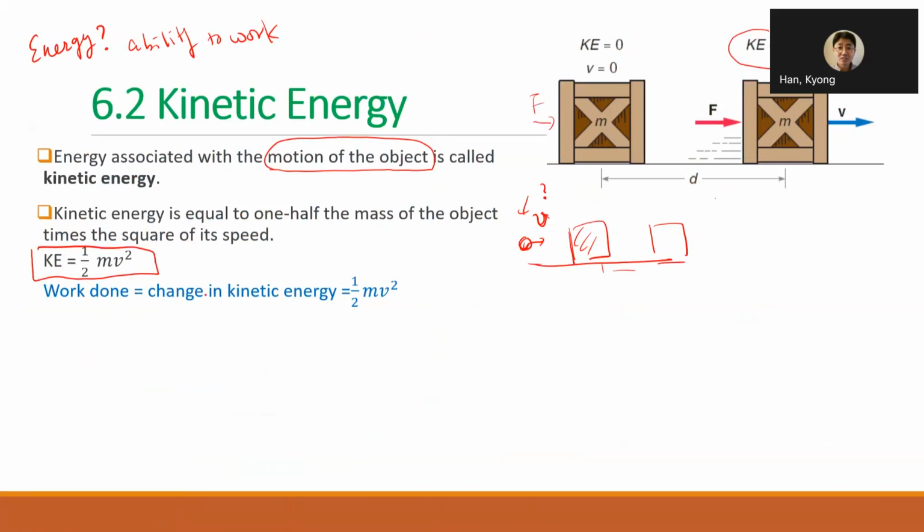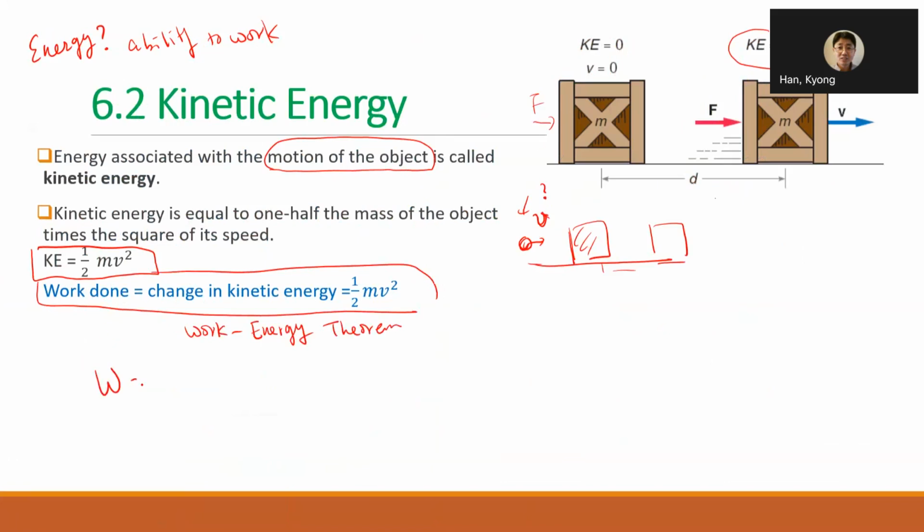Work done is changing kinetic energy. This is called the work energy theorem. Work done means work is just changing kinetic energy. Changing kinetic energy means final kinetic energy minus initial kinetic energy.